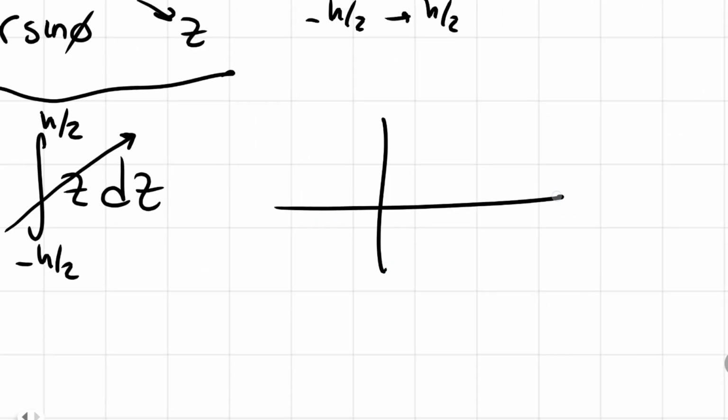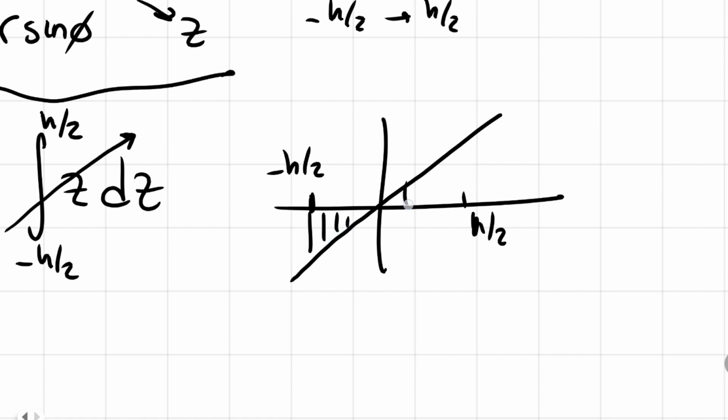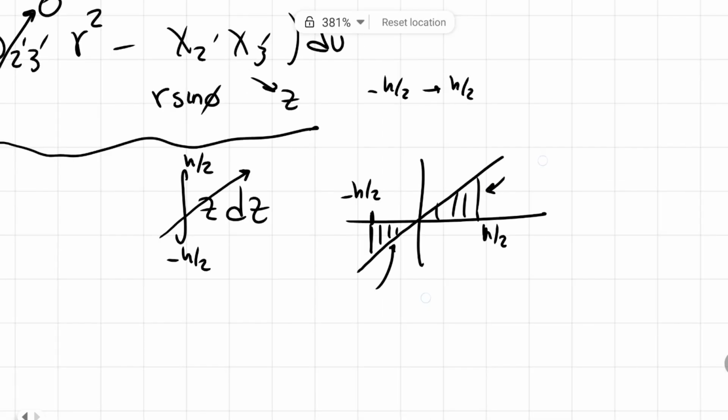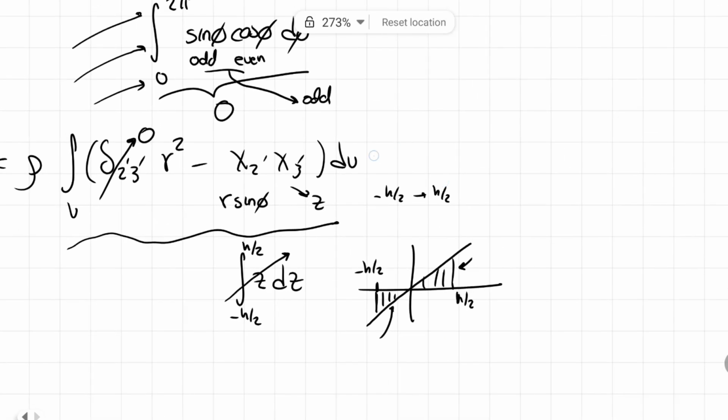Again, this is an odd function, so it is symmetric on this interval. It's easy to graph. You know that the graph of a function like this is just a straight line. So we are integrating from minus h over 2 to h over 2. That means that the area under the curve here is going to be negative and this positive, so that means that they cancel each other. So again, this is going to be equal to 0. Perfect.